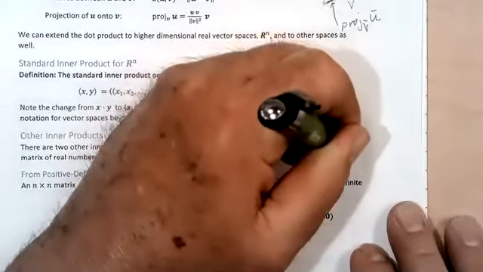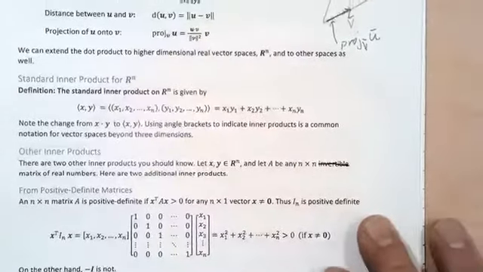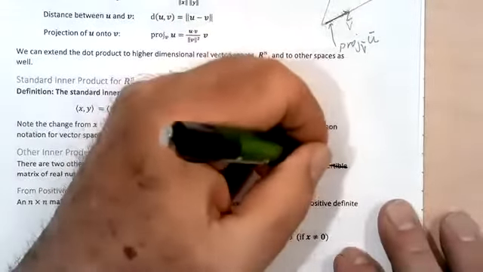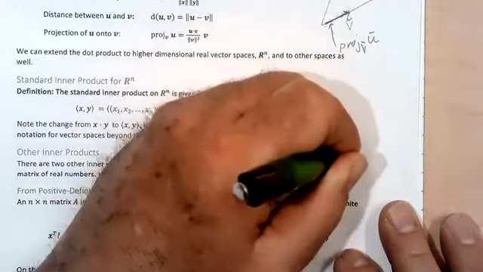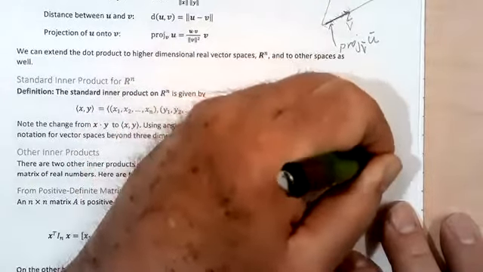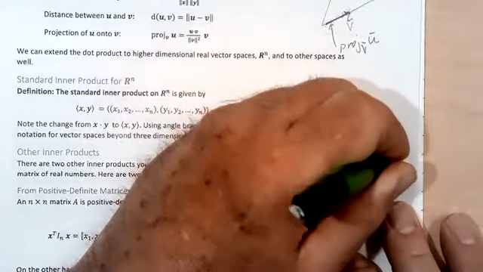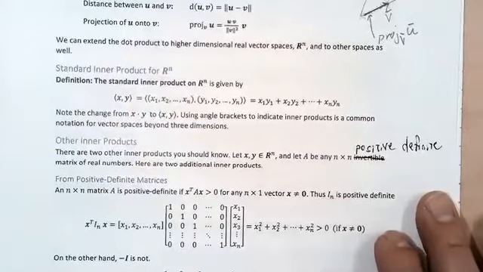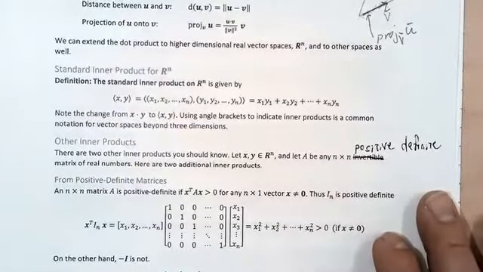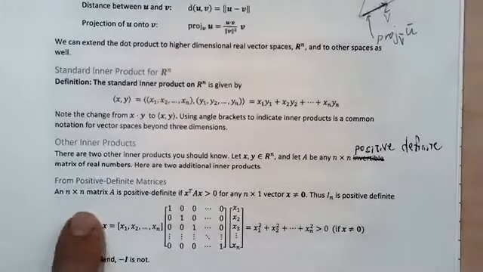So it would be ever so much better to say, let A be an n by n positive definite matrix. And if I wrote it that way, then of course everyone would immediately say, well, what's a positive definite matrix? And it's defined right here.